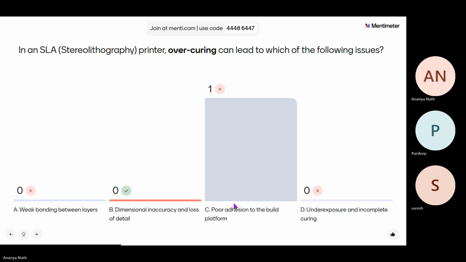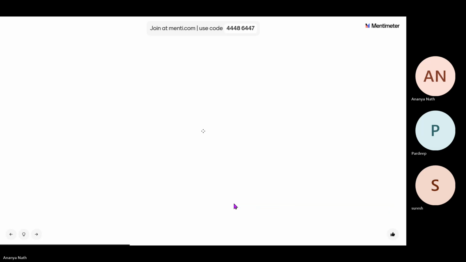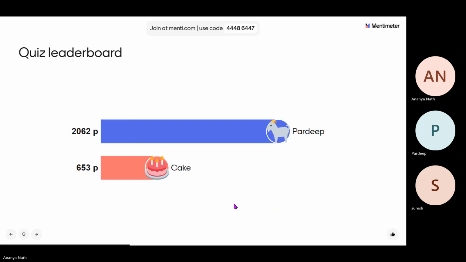If you suddenly print a much harder layer than the other layers, there will be poor adhesion. It's good, it's right, but it's not poor adhesion with the build plate. The dimensional inaccuracy will be there because you are also over-curing the previously deposited layers, and loss of detail because you can have a distortion in the part. So that's why dimensional inaccuracy and loss of details. Both wrong.